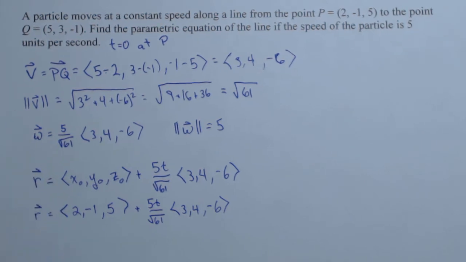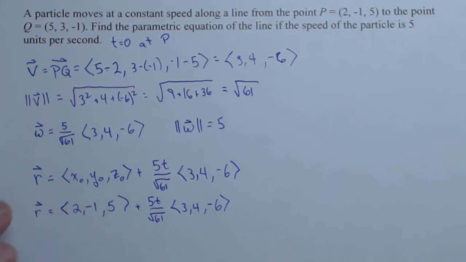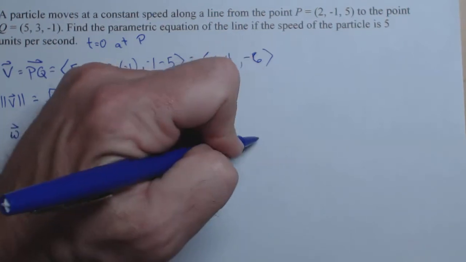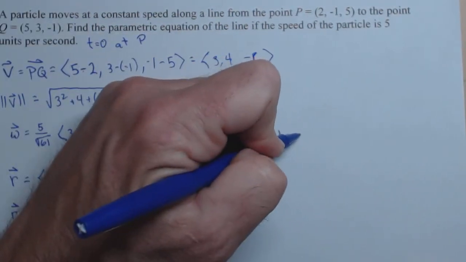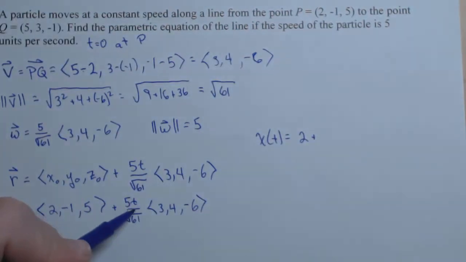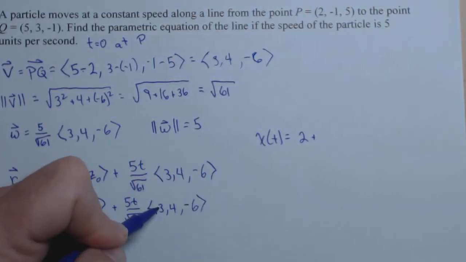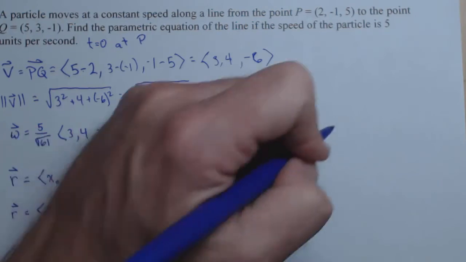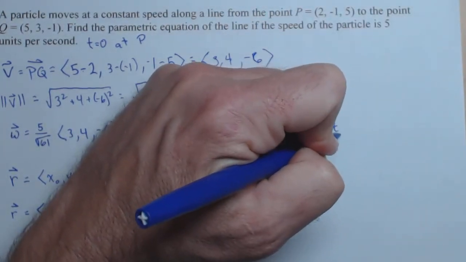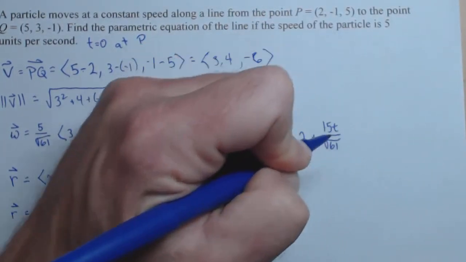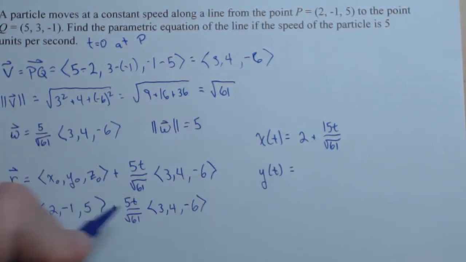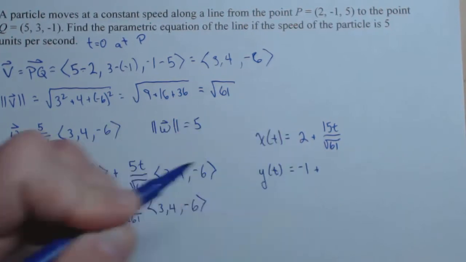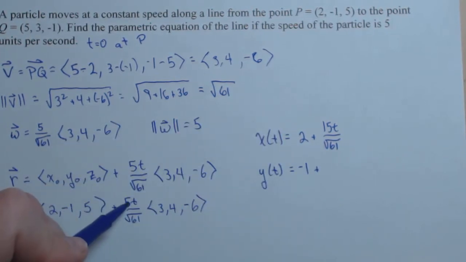Now, we could write this as x of t, y of t, z of t. And so what that would look like, let's just put them over here so that we have them. X of t would be 2 plus 5t over rad 61 times 3. So maybe we'd write it as 15t over square root of 61. Y of t is going to be starting at negative 1. And so 4 times 5 is 20.